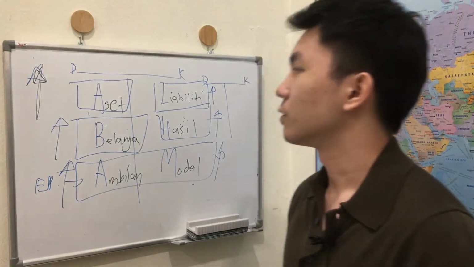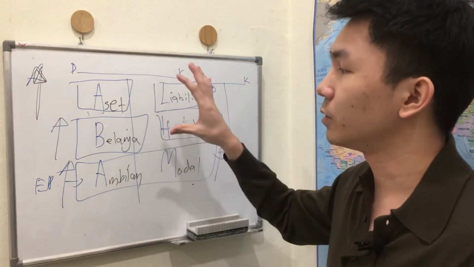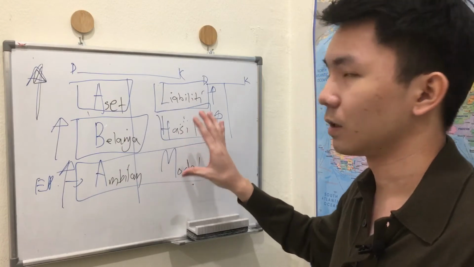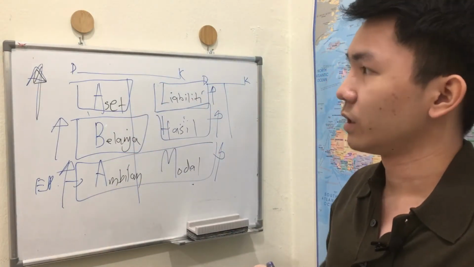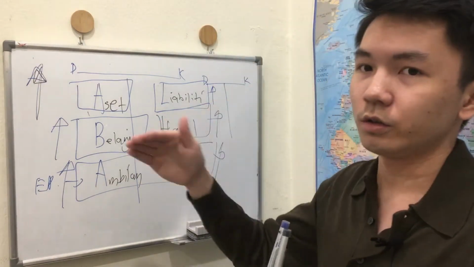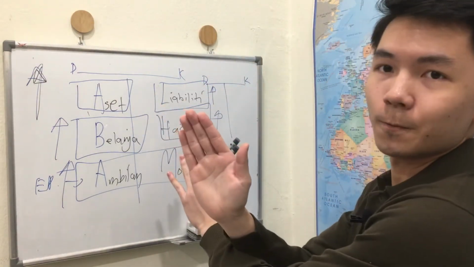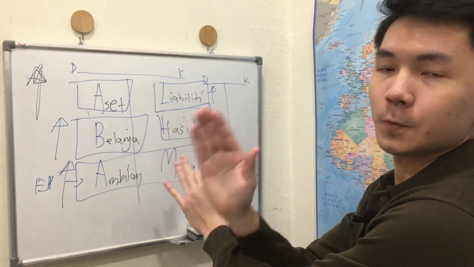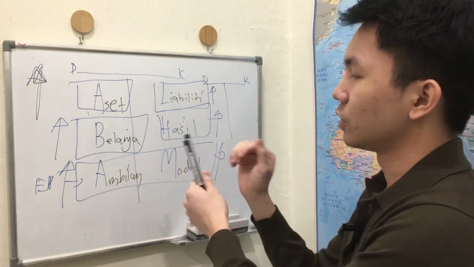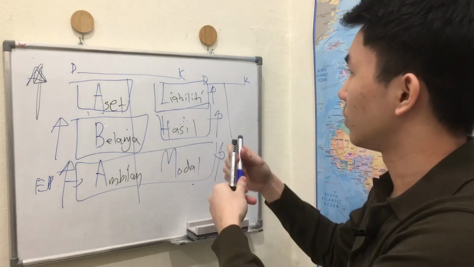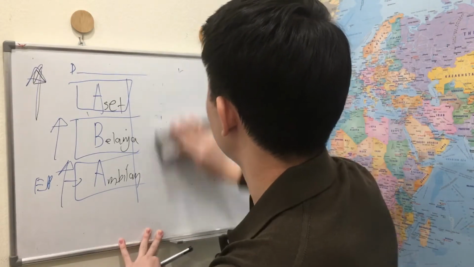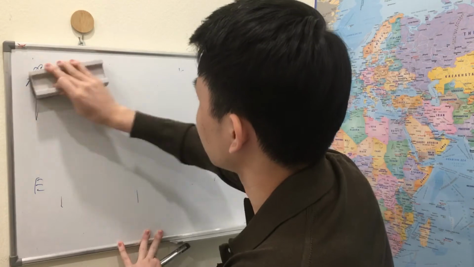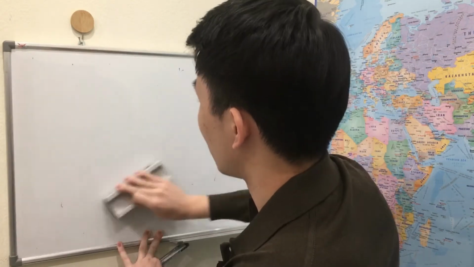How? Very simple. When you remember this Abalim that way, so when it is reduce or decrease, you just flip. So I hope you understand this.